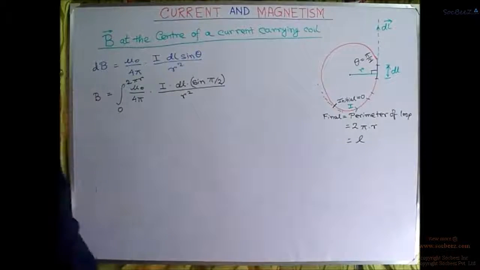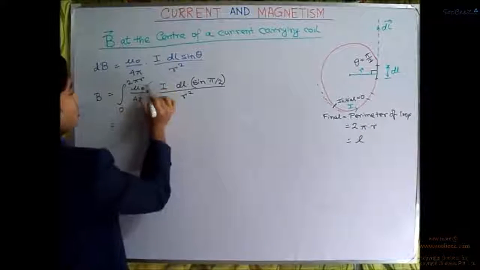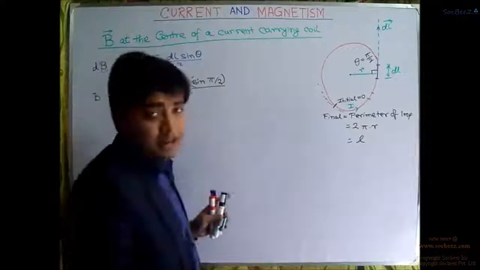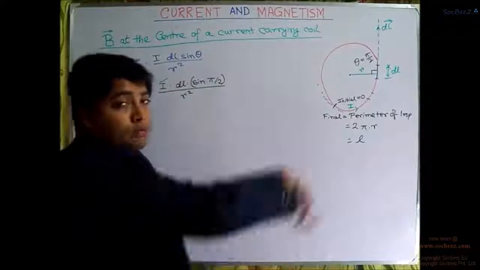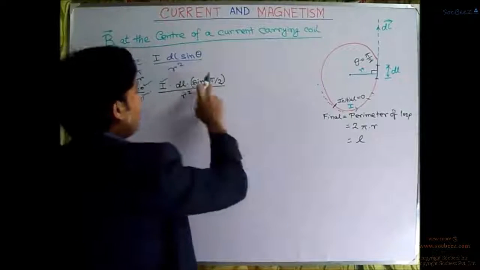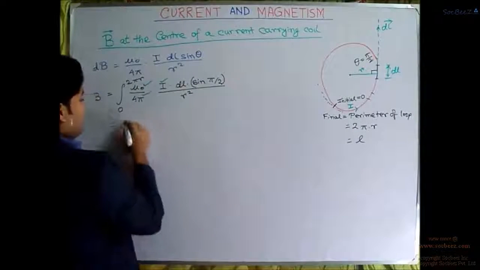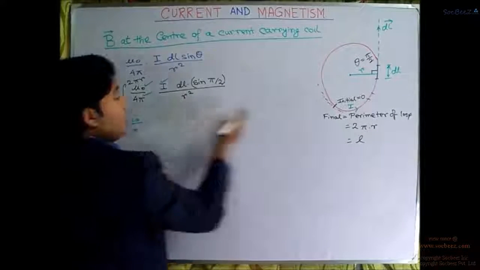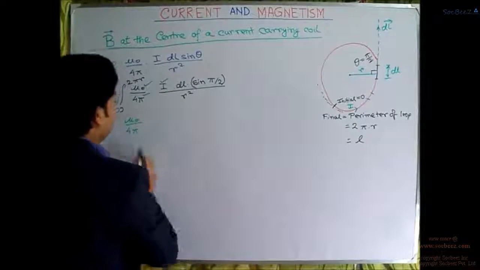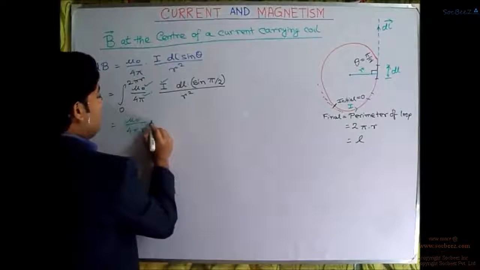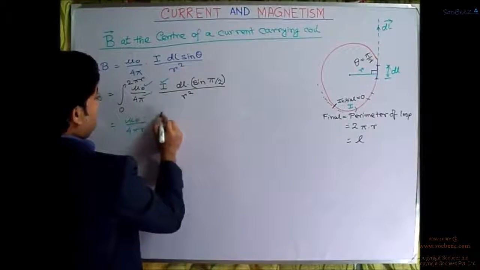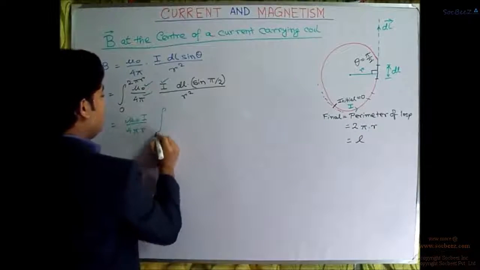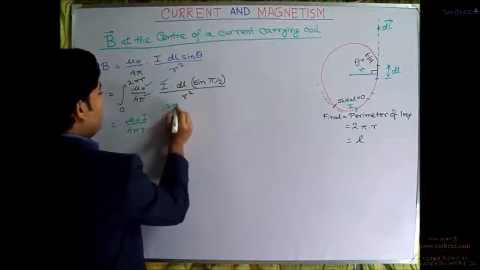So we will get mu naught constant, 4 pi is constant, I will also remain constant because I does not vary along the length of this coil, and sine pi by 2 is equal to 1. So we can write it as mu naught divided by 4 pi. The radius will be constant over here, multiplied by, I will also come out because it is a constant, from 0 to 2 pi r.